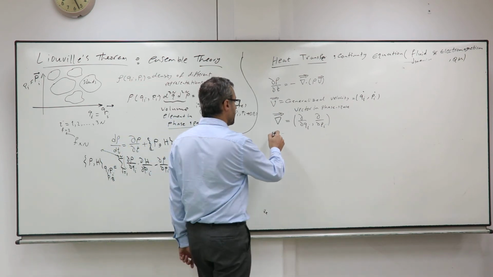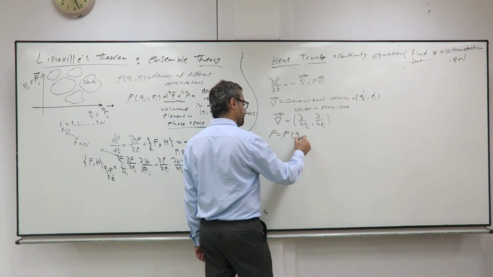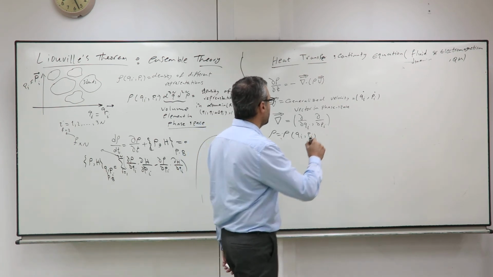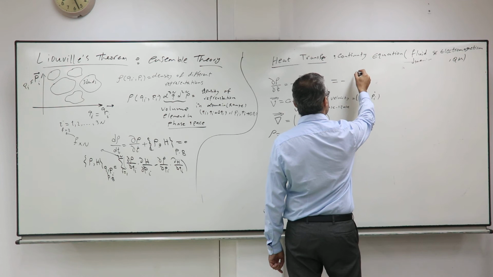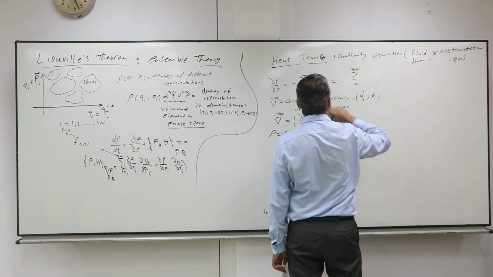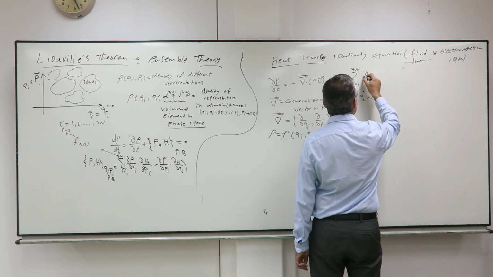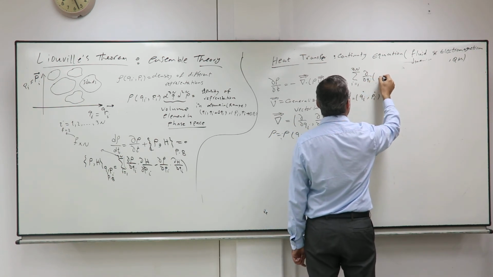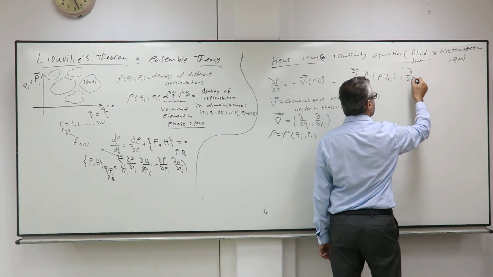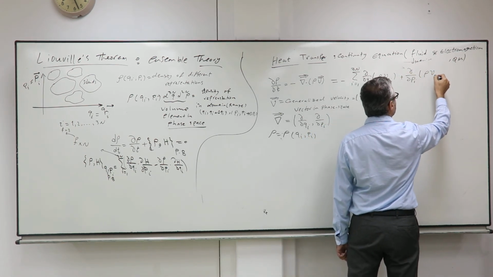And don't forget that rho is a function of q_i. So let me write it. Sigma i equals 1, 2, 3 to n, partial over q_i of rho v_qi, plus partial over p_i of rho v_pi.